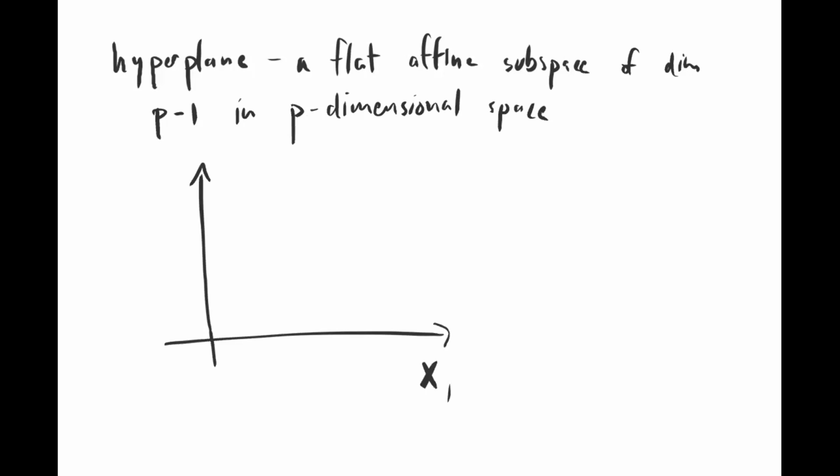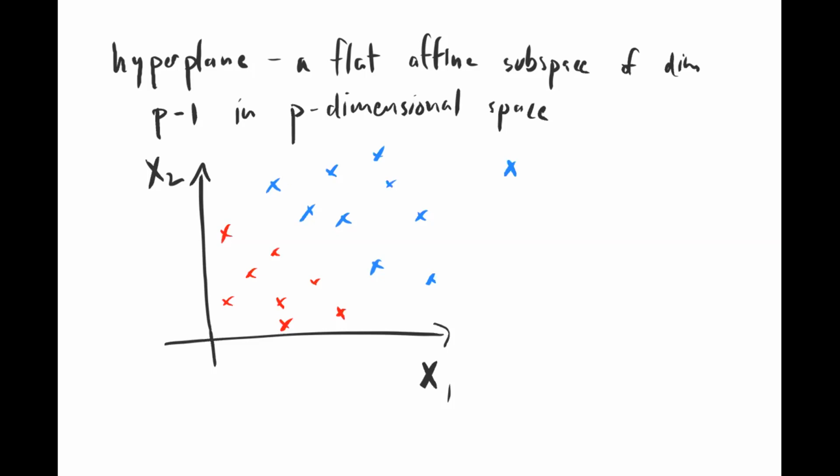So if we've got x1 and x2, and we have a set of points like so, the colors represent your outcome classes.